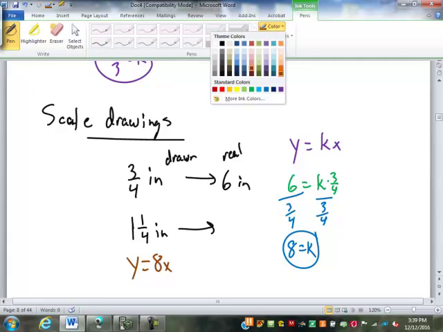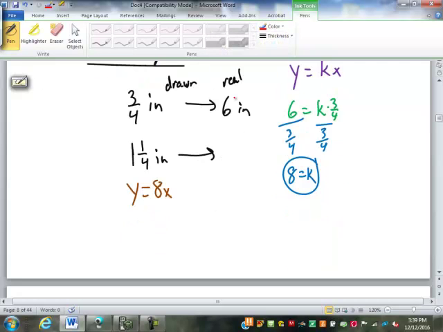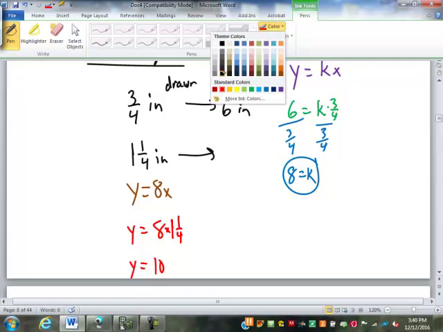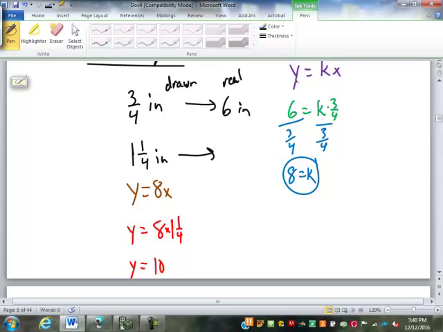In other words, it's a 1/8 scale. So Y equals 8 times 1 1/4, which is going to be 10 inches. Not so bad? Okay.